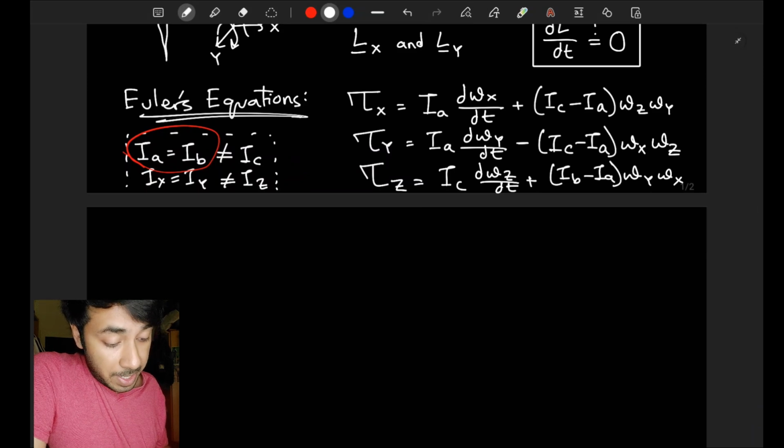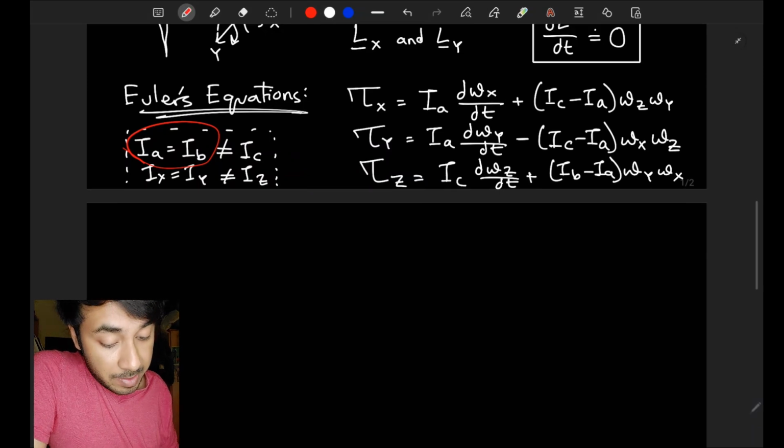So what we see right now is, since IB and IA are the same here, this term basically becomes 0.